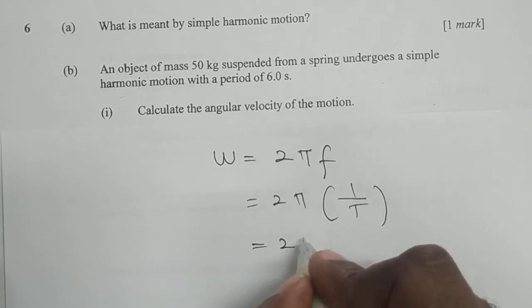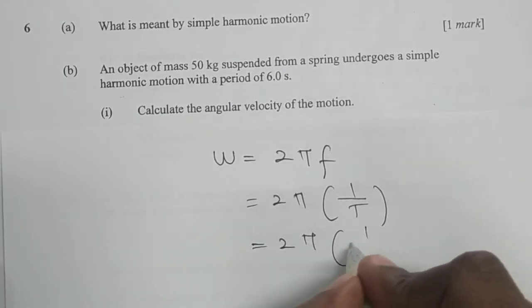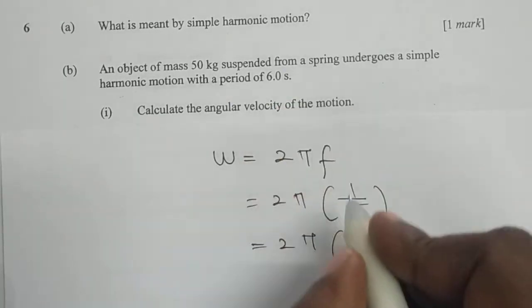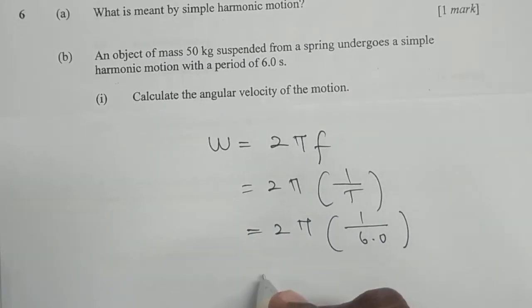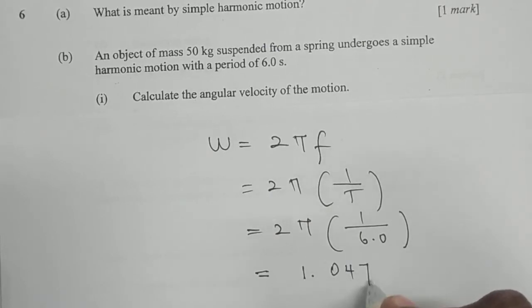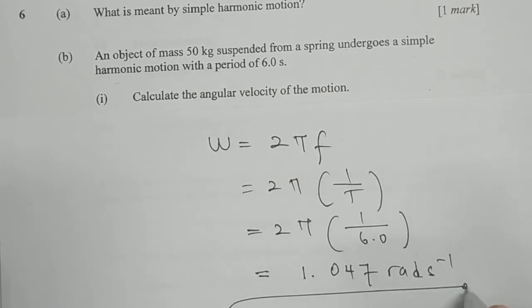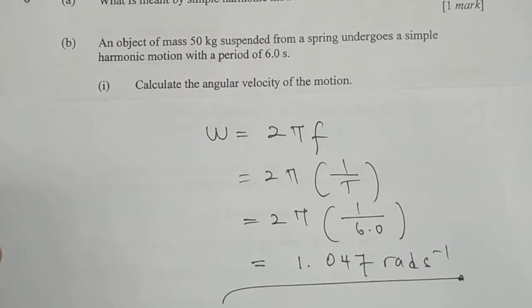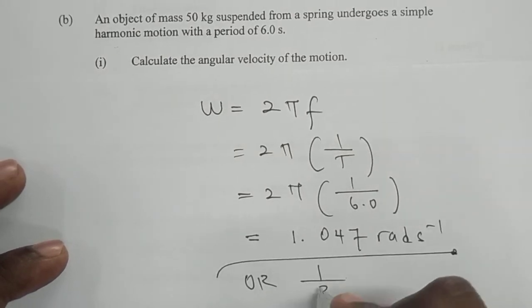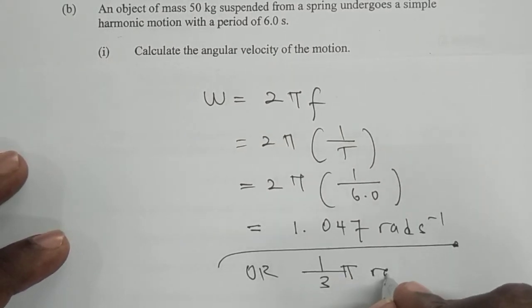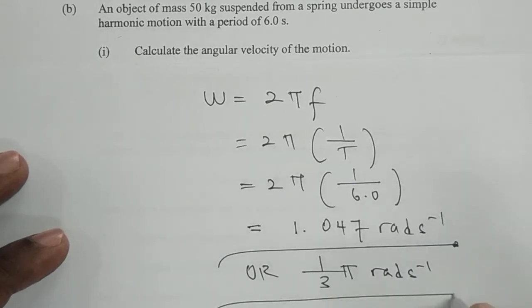So 2 pi times 1 divided by 6 seconds. So you will get 1.047 radian per second, or 1/3 pi radian per second.